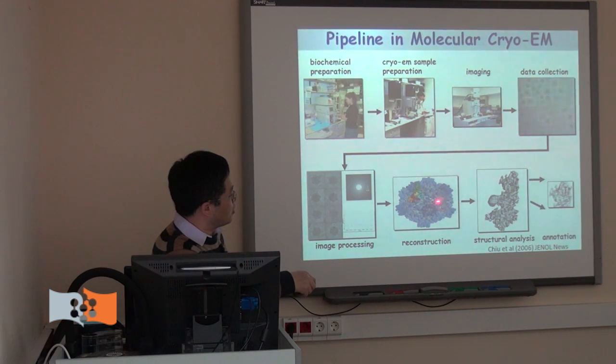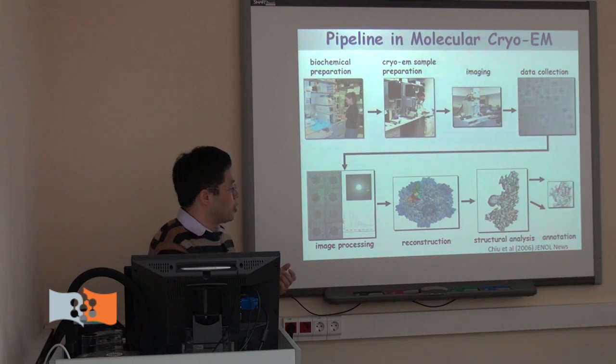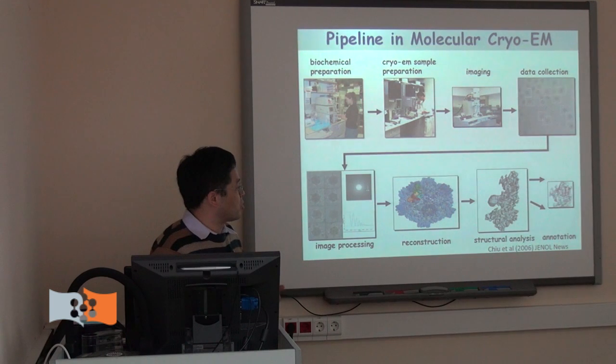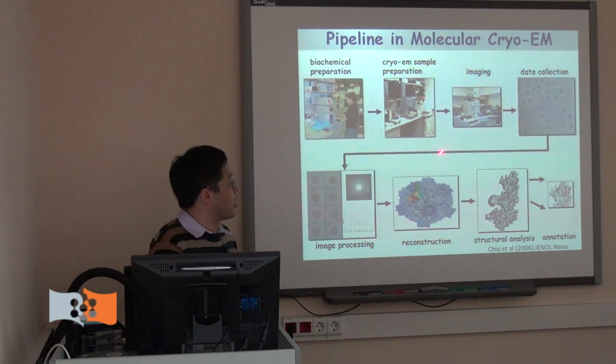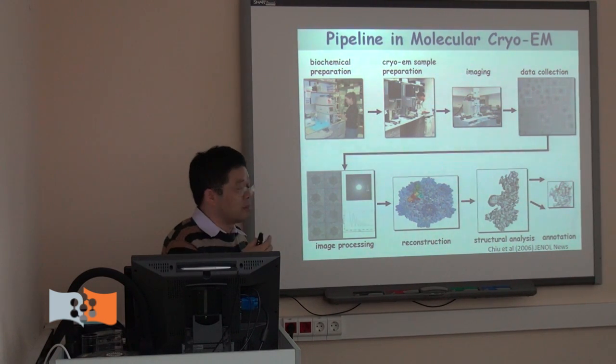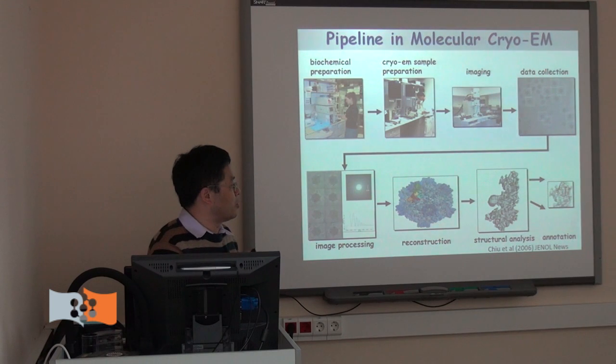This is a typical virus 3D EM density map. It depends on the resolution. Usually, 3 or 4 years ago, the regular resolution we could achieve using the cryo-EM method was around maybe 10 angstrom, the 1 nanometer resolution range.